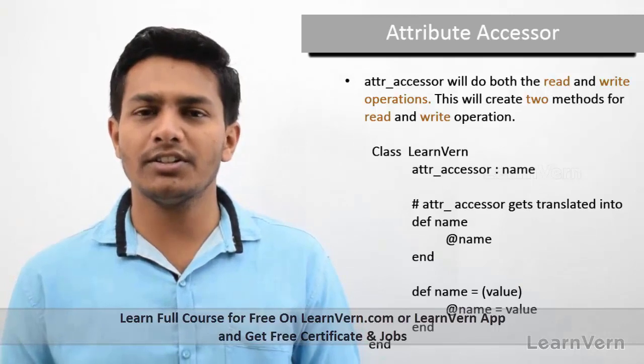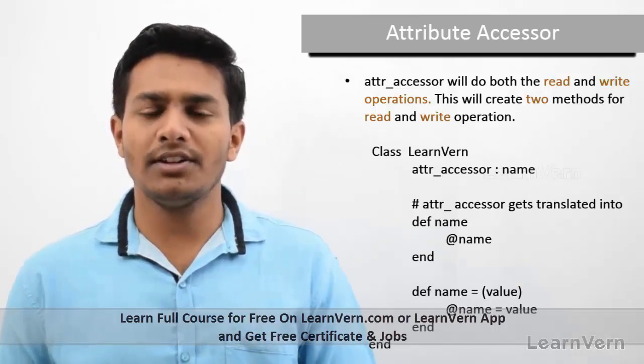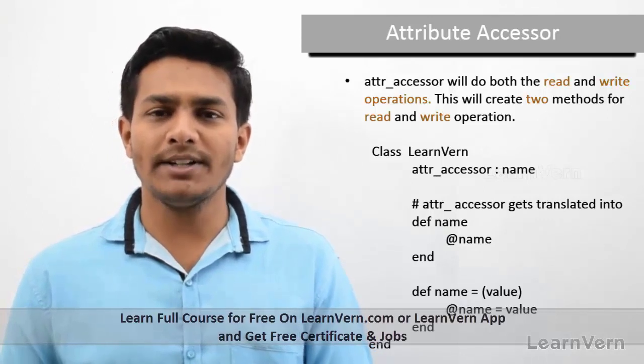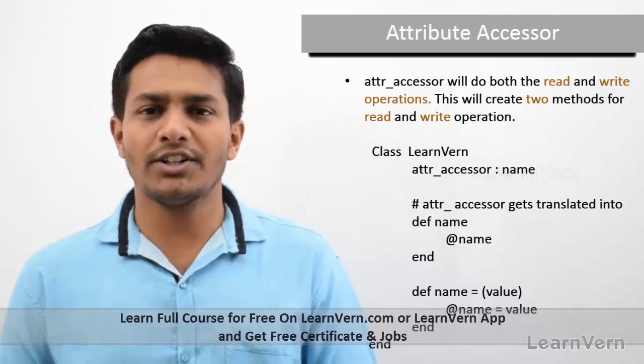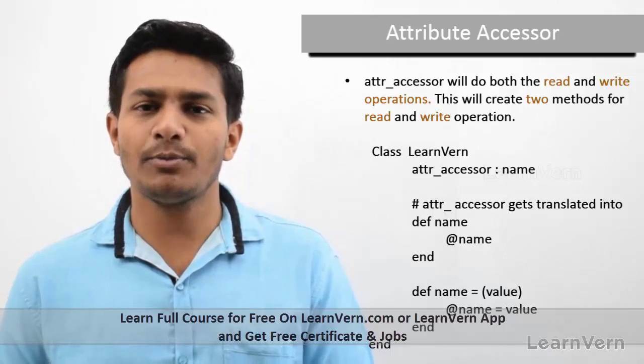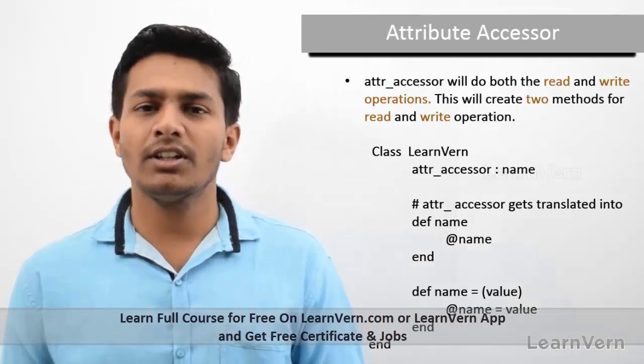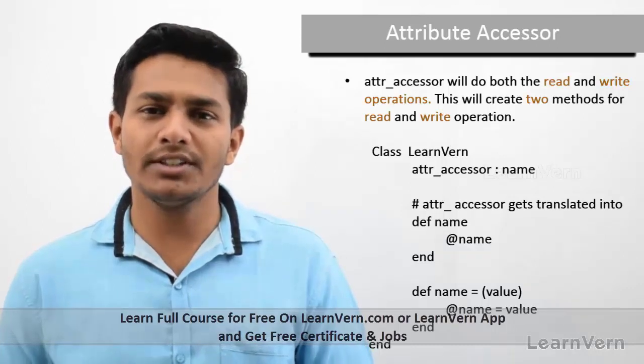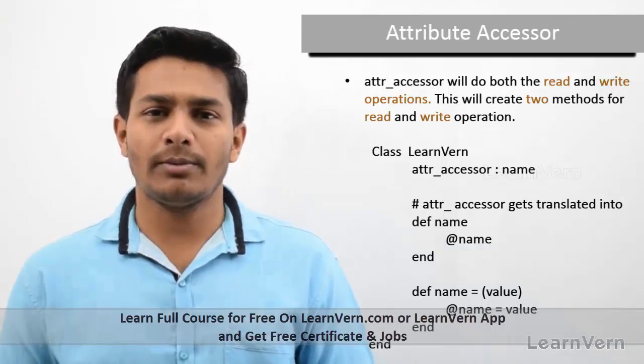Here on the screen I have one class named learn1, and I am writing a statement for attribute accessor, and my instance variable name is name. Internally, it will create two separate methods.